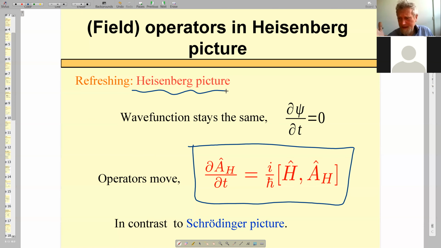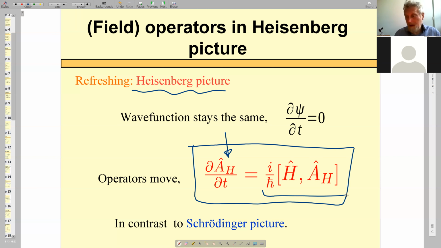They are kind of fixed at the time of creation of the universe. Instead, the operators do change. For any operator, the equation of motion is just the commutator of this operator with the Hamiltonian. This is a very contrasting picture with respect to the Schrödinger one.